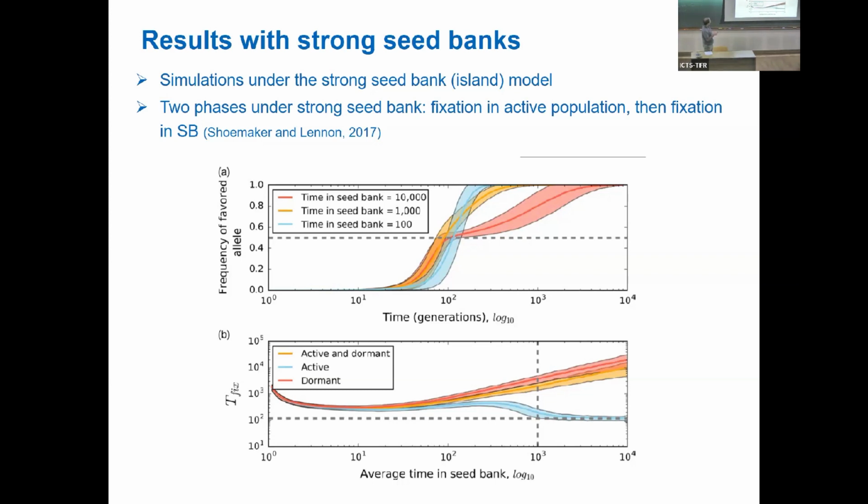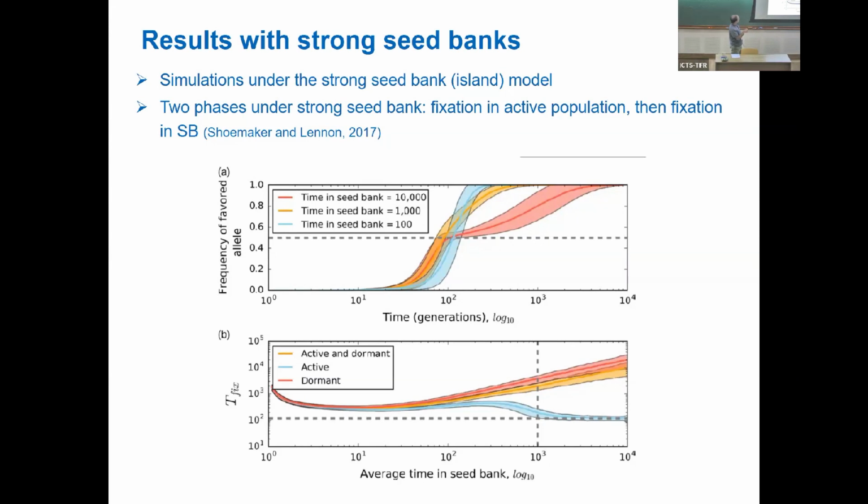So they go from 0 to 1, and that's the classic selective sweep that you have seen last week, right? So you have selection, you fix the allele. You can see that when you have a weak seed bank, the time is actually longer than what you would expect without seed bank, but it still reaches fixation very fast.